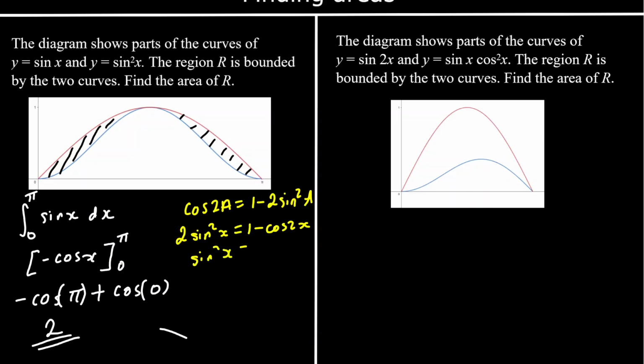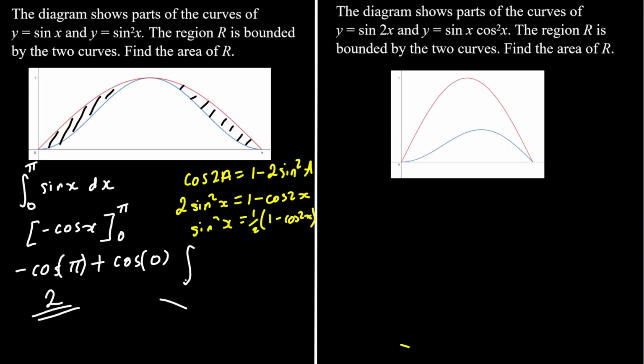So sin squared x is half of 1 minus cos 2x. So we're going to be integrating half of 1 minus cos 2x between 0 and pi.